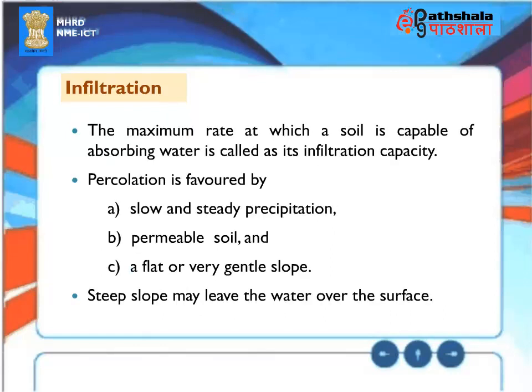The maximum rate at which a soil is capable of absorbing water is called as its infiltration capacity. Percolation is favored by a slow and steady precipitation, permeable soil, and a flat or very gentle slope. Steep slope may leave the water over the surface.